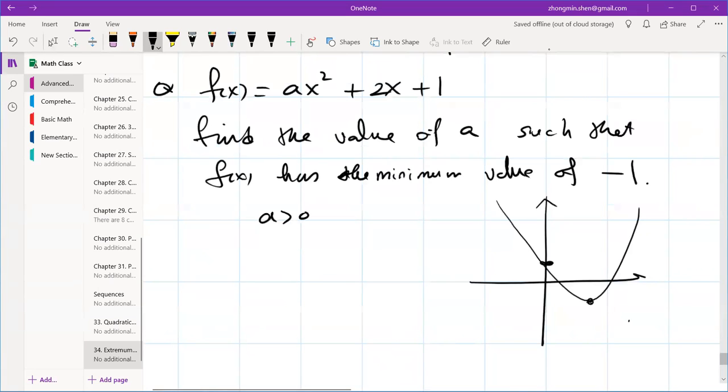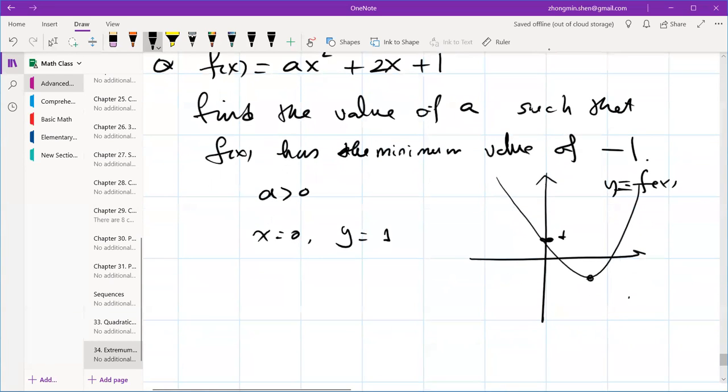Why is the y-intercept 1? Because when x equals 0, y equals 1. Clear? This is y equals f of x, the equation. So what do we have to do? We express it in the standard form.